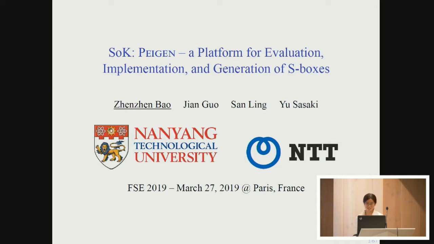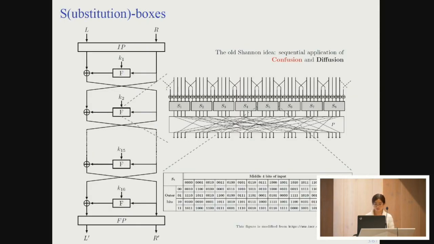Thanks for the introduction. I would like to introduce our SoK paper on the design of S boxes and a platform for evaluation, implementation, and generation of S boxes. Many block ciphers follow Shannon's idea, the sequential application of confusion and diffusion.